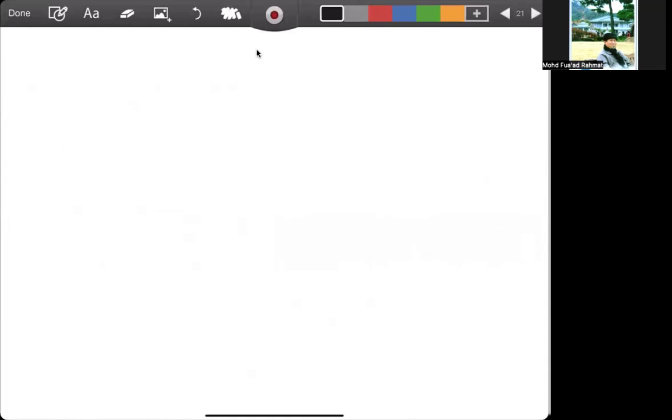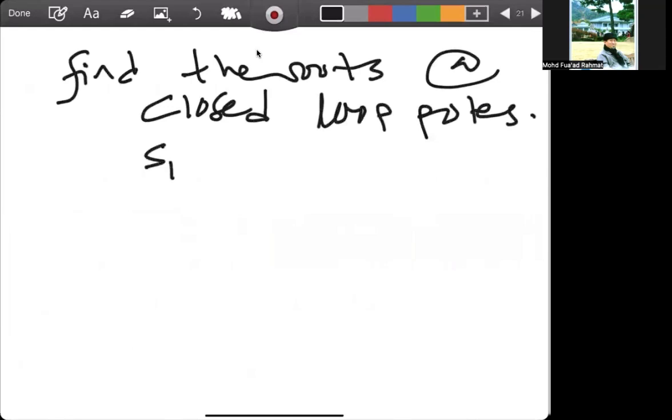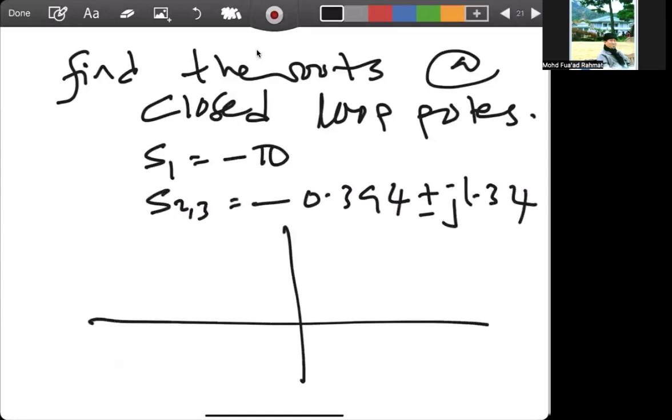And find the roots, or closed loop poles, which is minus 10, minus 0.394 plus minus j 1.34. Okay, so we map to the S-plane.